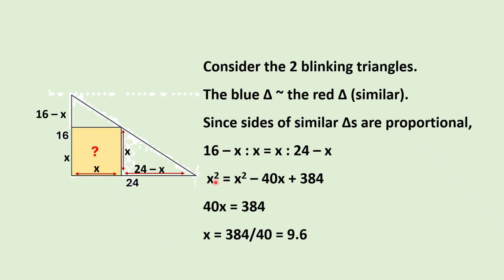And using that relation that sides of similar triangles are proportional, we got the value of x, that is the length of each side of the square, as 9.6 units, the same answer as before. So not using trigonometry, using triangle similarity.